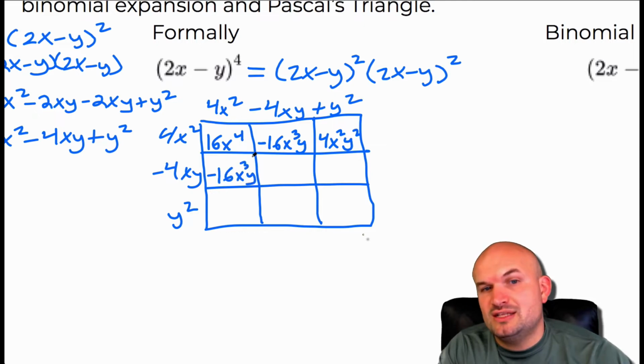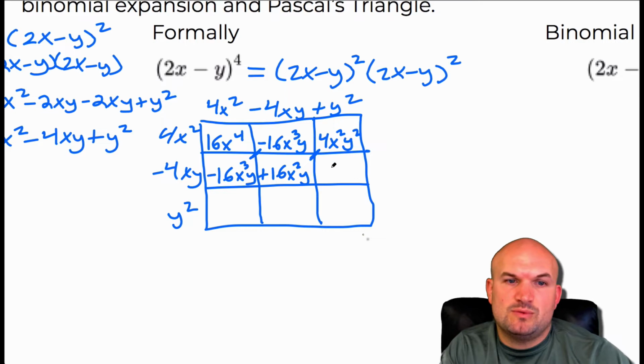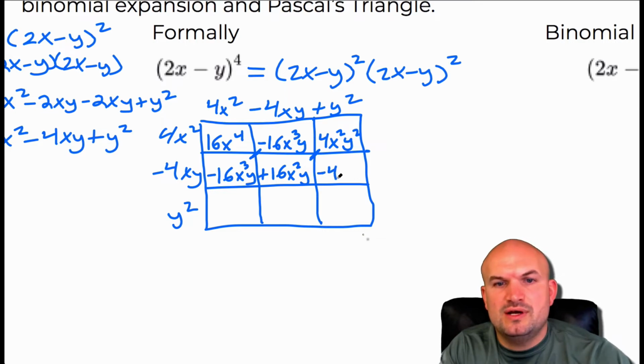And again, you can always check the diagonals, make sure that they are similar terms. Negative 4xy times negative 4xy is going to be a positive 16x squared y squared. That looks good. And then negative 4xy times y squared is going to be a negative 4xy cubed. Then y squared times 4x squared is 4x squared y squared, which matches with that.